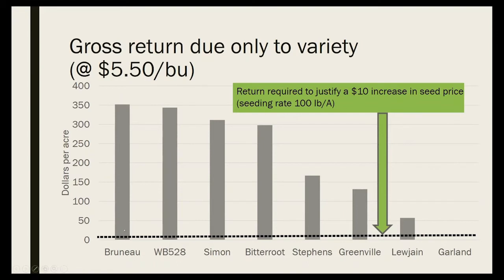Plus, this extra $10 an acre is actually a pretty good return. If I can invest $10 an acre and make $350 an acre in the course of time that a small grain crop is growing out in the field, that's a pretty darn good return when you consider the alternative of putting money in your bank account at 0.002% return.